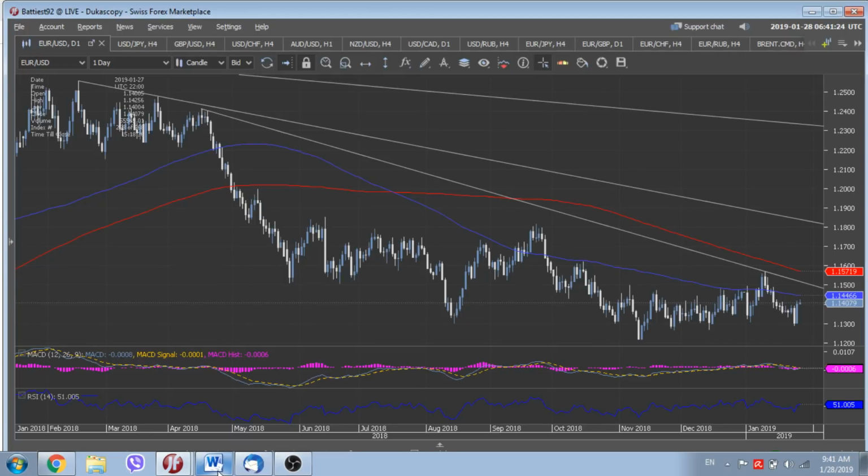technical point of view. We suggest that the level of 1.13 should present an important barrier to the downside, where a lot of bids are located, much stronger than usual.